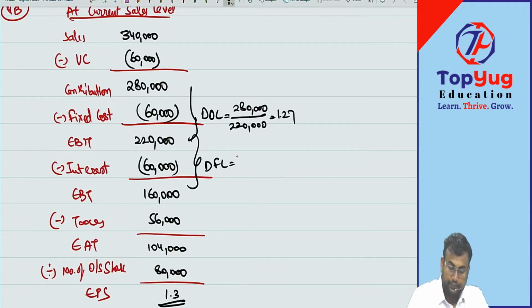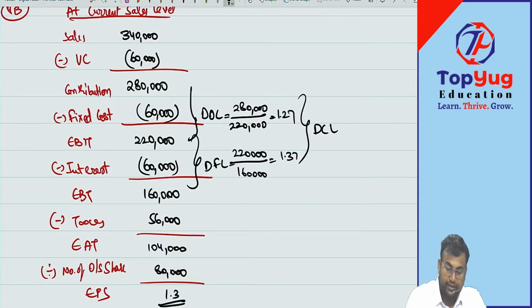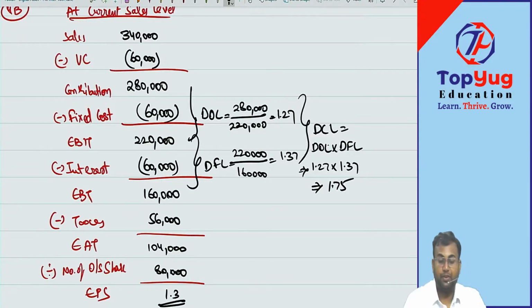DFL is 220 by 160, 1.37. DCL is equal to DOL times DFL. How much, dear? I'm just rounding off to 1.75.